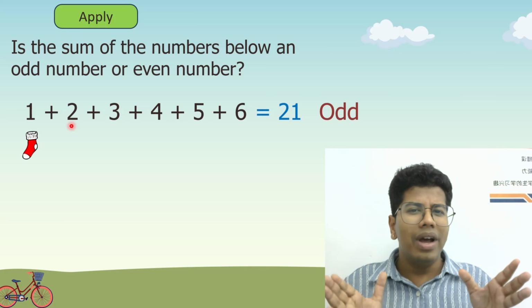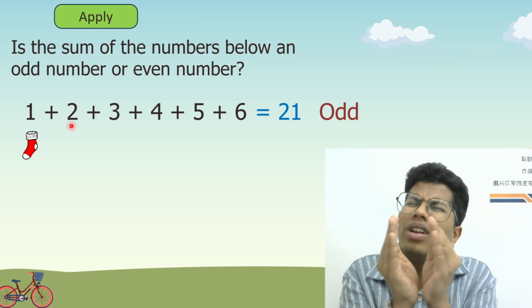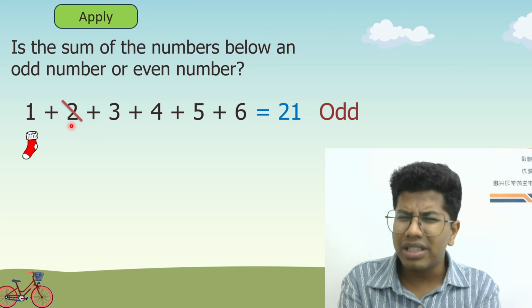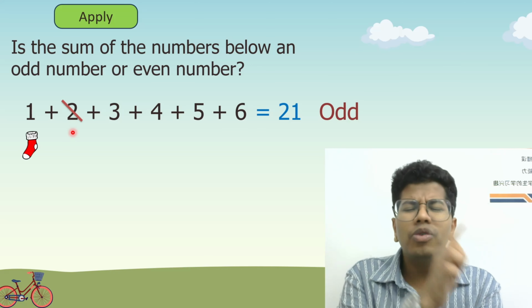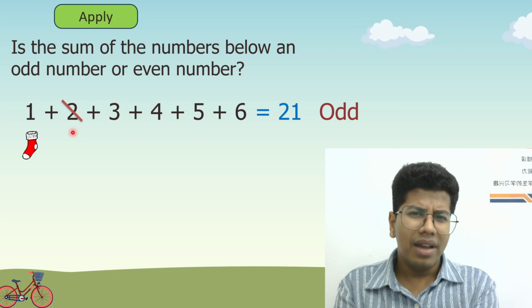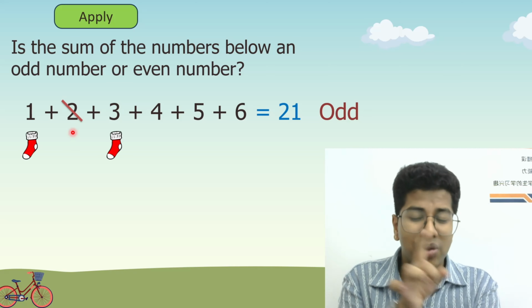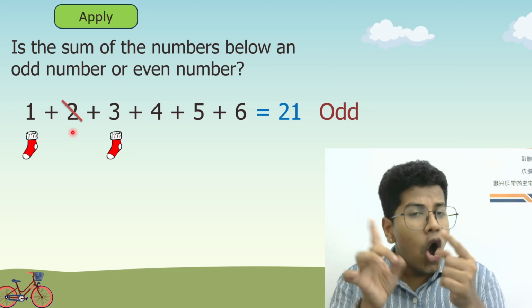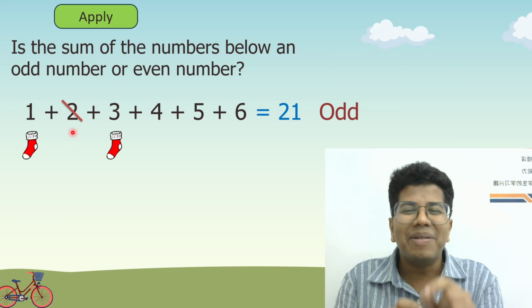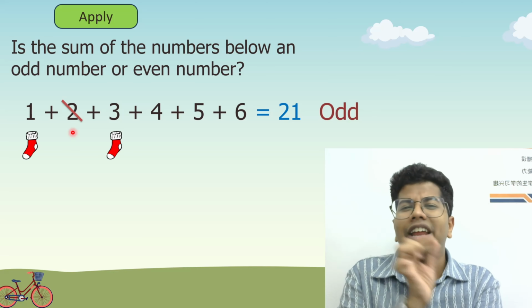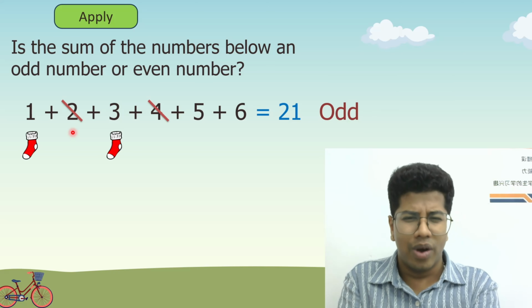So since it's already paired up, already inside the box, I will ignore this number for a while. Now let's move on to 3. This 3, is it 1 left or a pair? Oh, 3 is 1 left. So I can write down either 1 or draw a small sock there. Then 4, odd or even? Of course, 4 can form pairs, even. So let's just ignore it for a while.